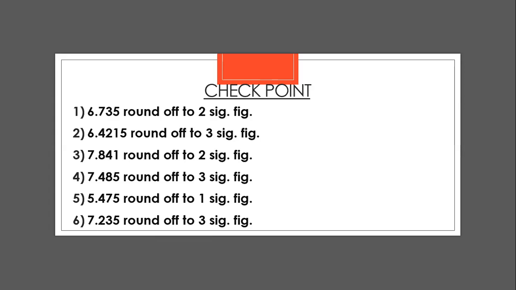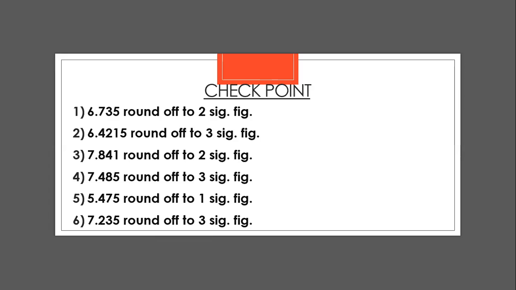So you're going to circle 4, which is the dropping digit, and you're going to underline 5. Since 4 is less than 5, the previous number remains unchanged. So my final answer is 5.